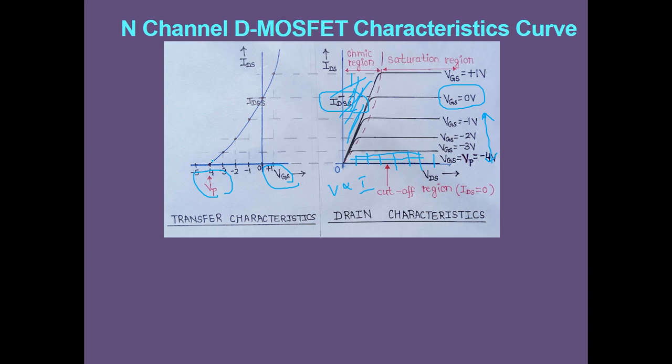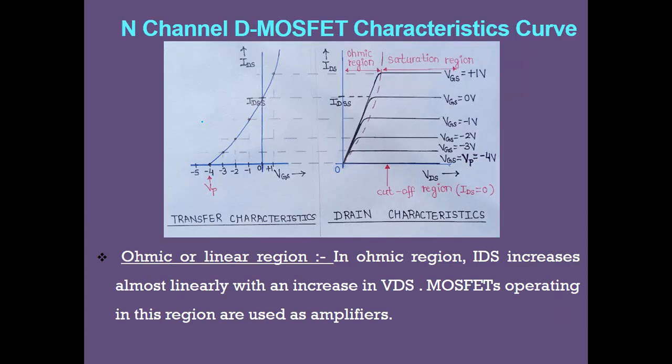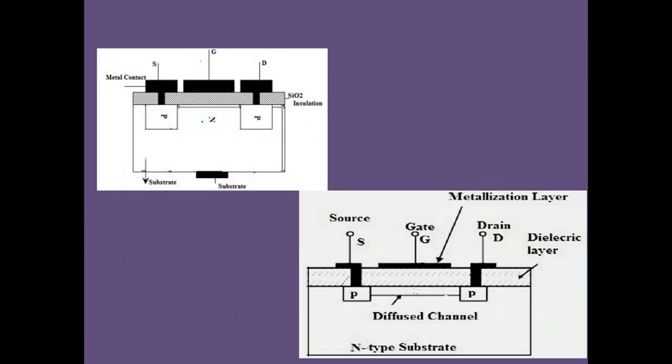If the channel is closed, no charge carriers will be moving, and hence the current is going to be 0. That is called your pinch off voltage. This is the transfer characteristics, the variation of drain current with respect to gate source voltage at constant VDS. So the cutoff region is explained, followed by the linear or ohmic region as well as the saturation region.